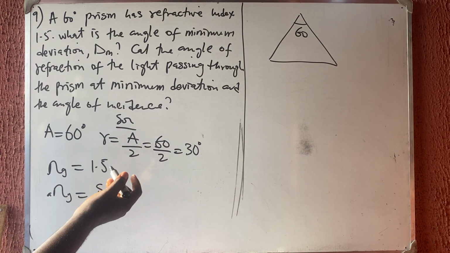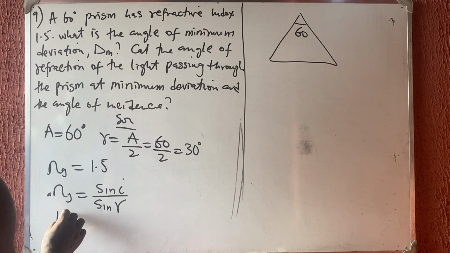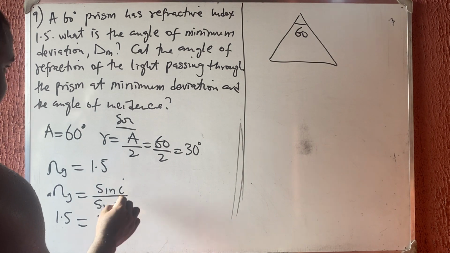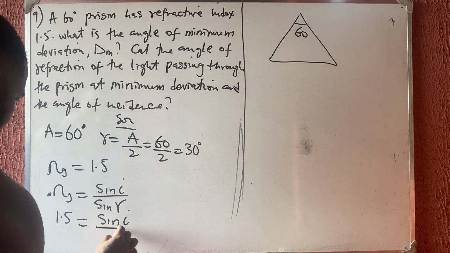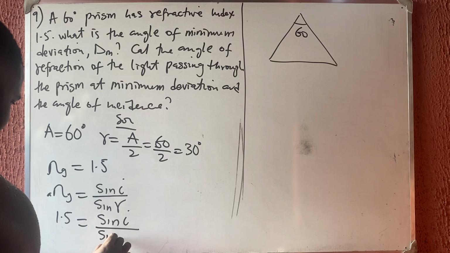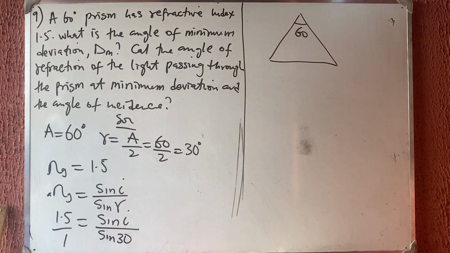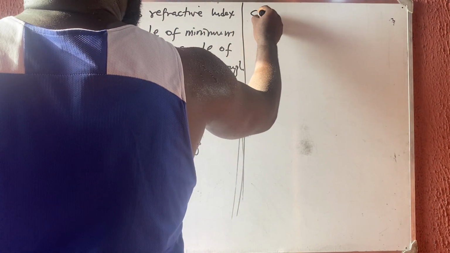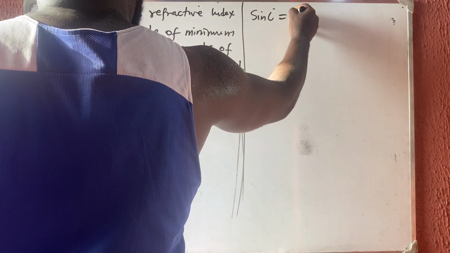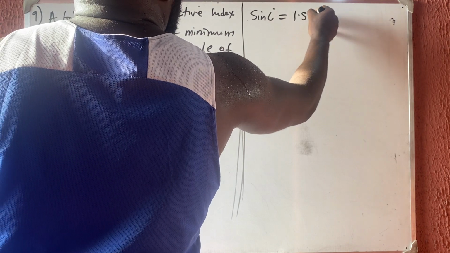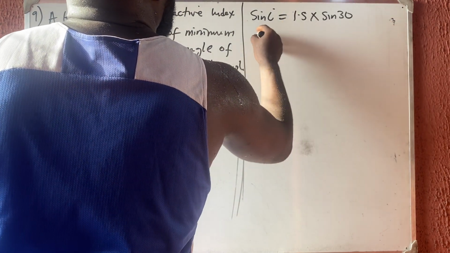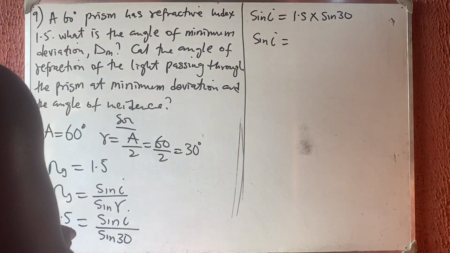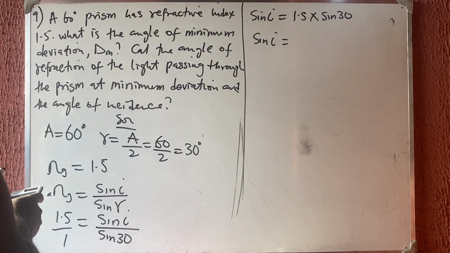So we now have that 1.5 is equal to sine I, I'm looking for my incident, all over sine 30. So if I cross multiply, I'll be having that sine I is equal to 1.5 times sine 30.